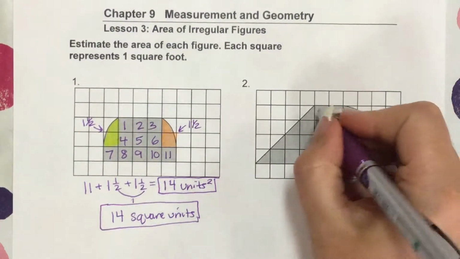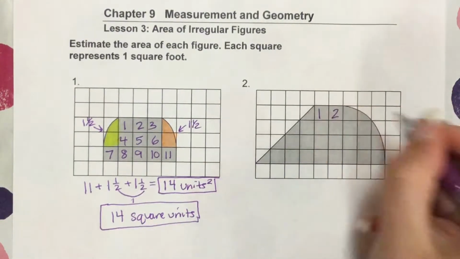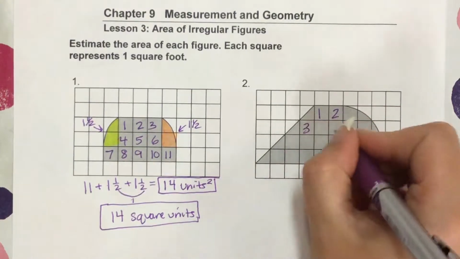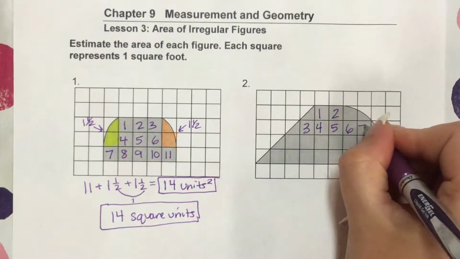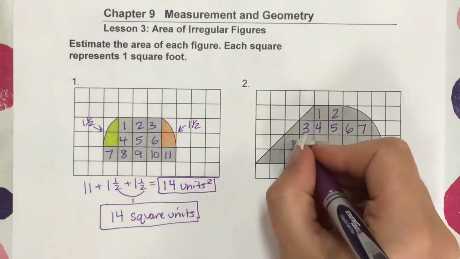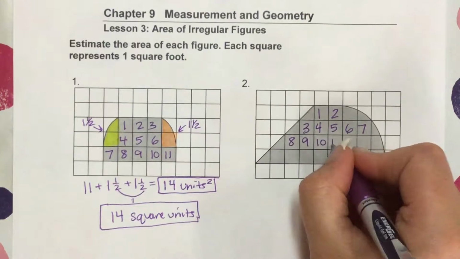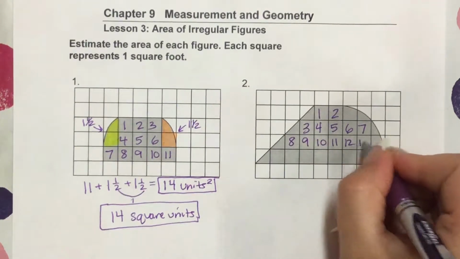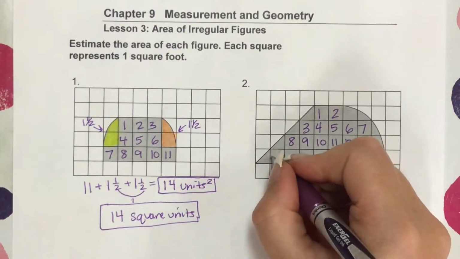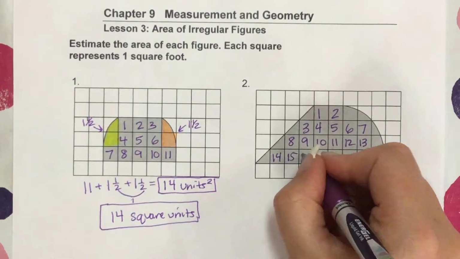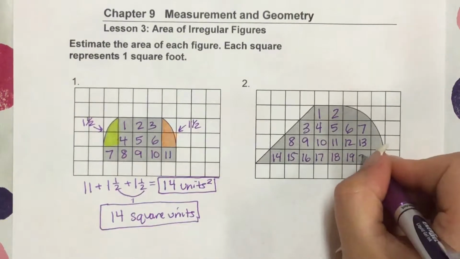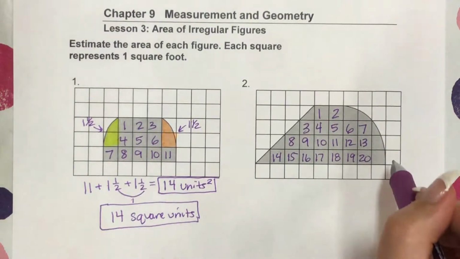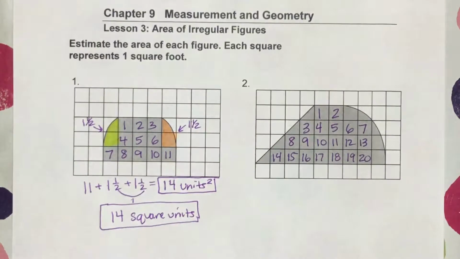So here this looks like 1, 2, 3, 4, 5, 6, 7, 8, 9, 10, 11, 12, 13, 14, 15, 16, 17, 18, 19, 20, and that's a partial square. Okay, perfect. So that's 20 full squares.